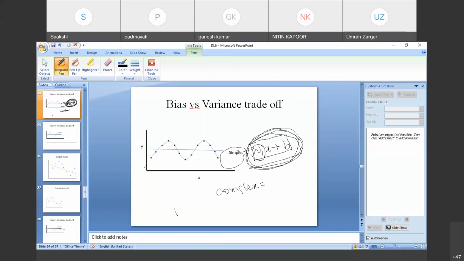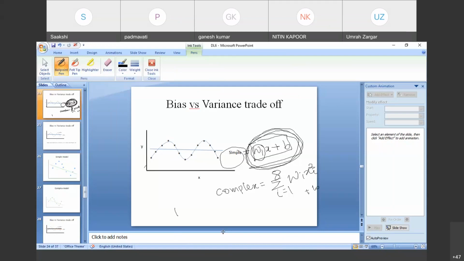Whereas in this complex model, I use, suppose 8, plus some bias terms. So in this particular case, let's take this.